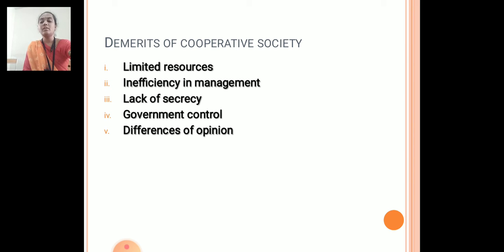Because of the limited resource, the society is unable to pay them a high salary. The members who offer service, we call that honorary service, because they will be rewarded with an honorarium for their service. That honorarium will not be much, or it will not be equal to the service being rendered.